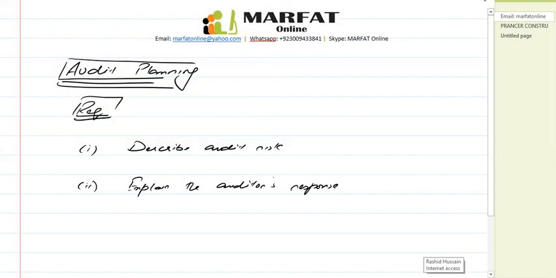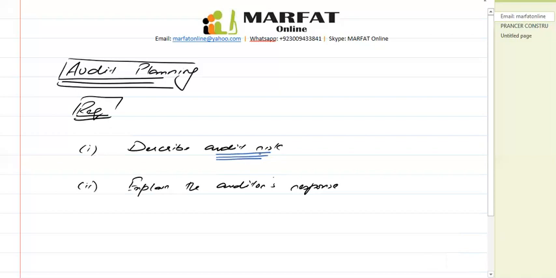I have seen many students make a mistake in the exam. I don't know where they have started this from, but when I ask them what they have written, they say we have to relate that with the inherent risk, the control risk, and the detection risk. They keep wasting time in the exam identifying inherent risk, control risk, and detection risk, because someone has told them that audit risk has 3 components: inherent risk, control risk, and detection risk.